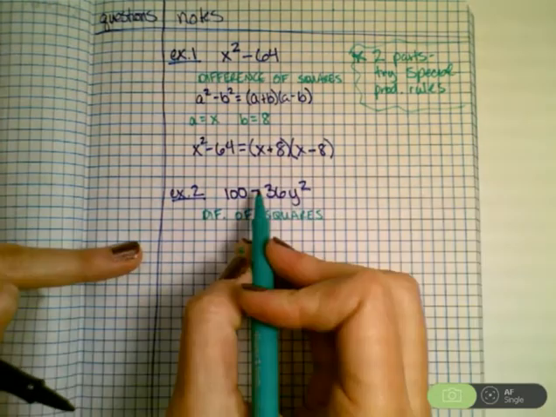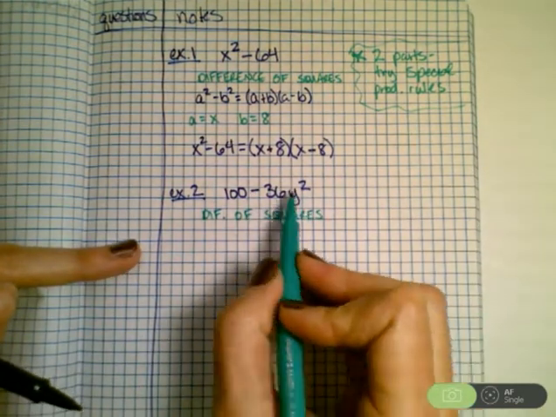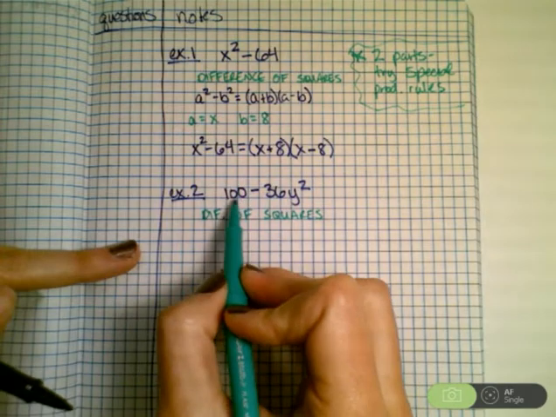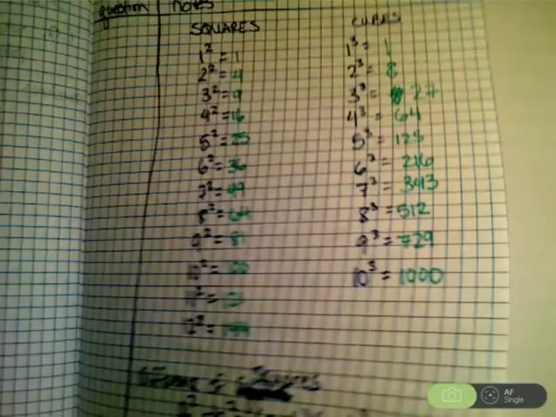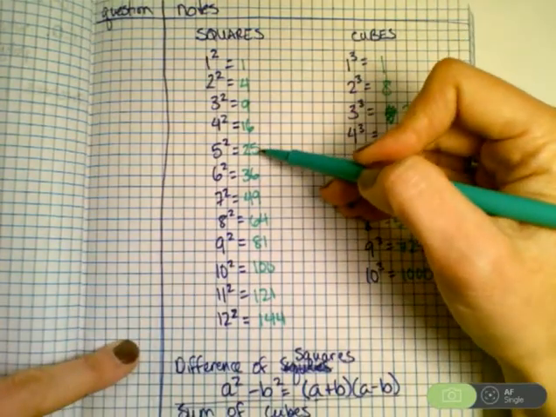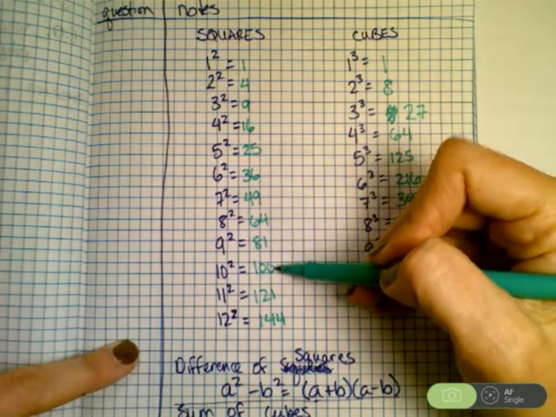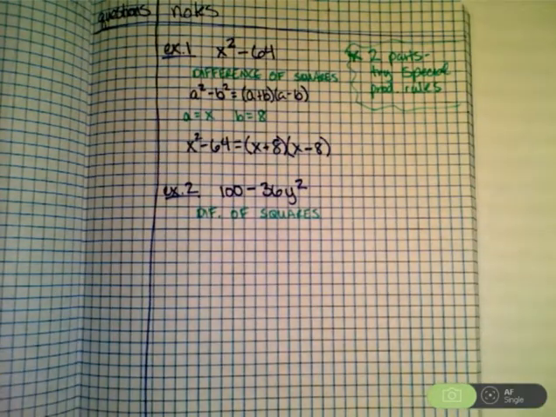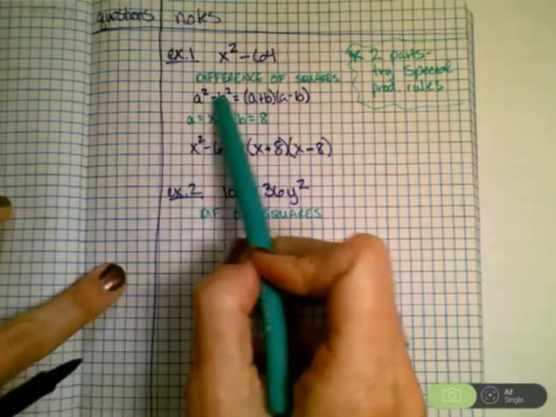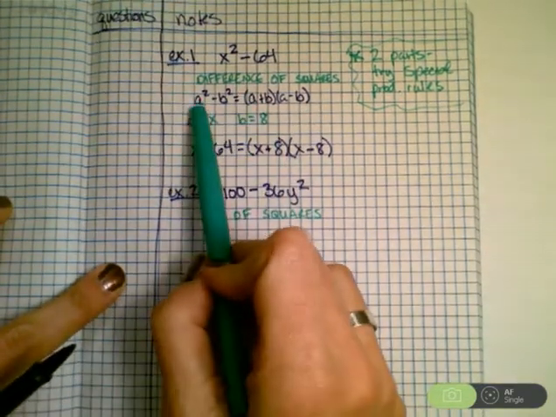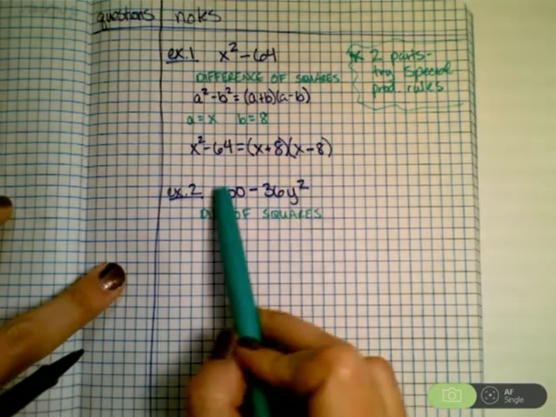It's a difference because it's subtraction, it's a difference of squares because of this squared, and because 100 and 36 are both on my perfect square list. So 100 is right here, 36 is right here. So again, I'm not going to write the rule again because you have it right here, but I want to think about what the a is and what the b is in this particular problem.